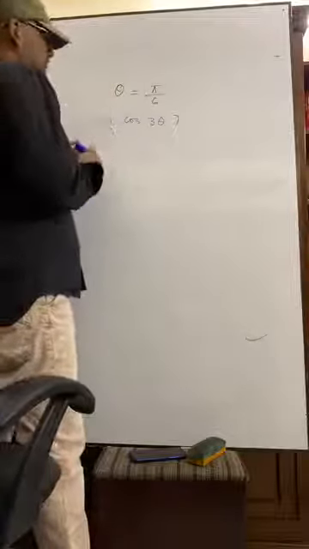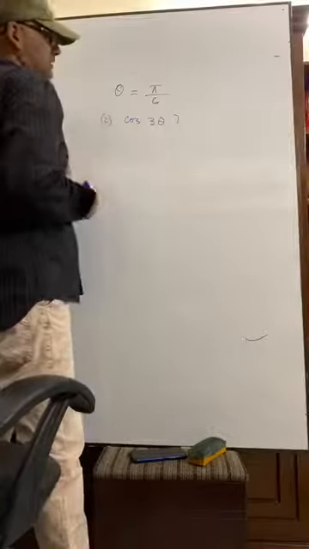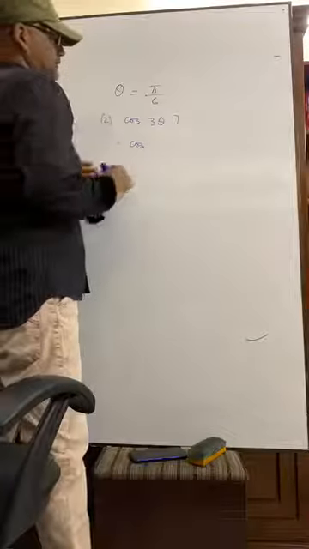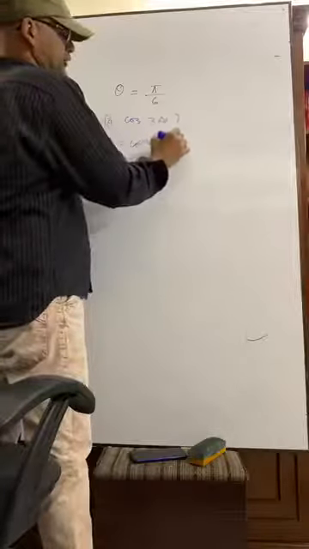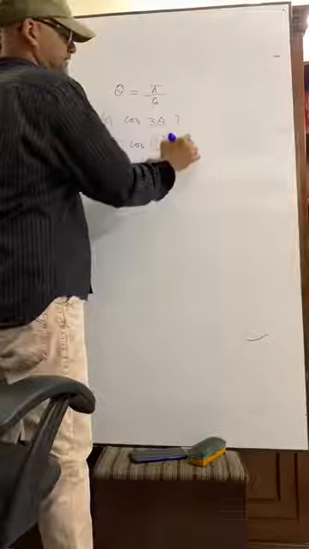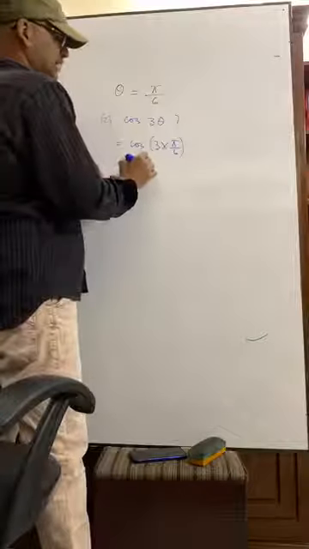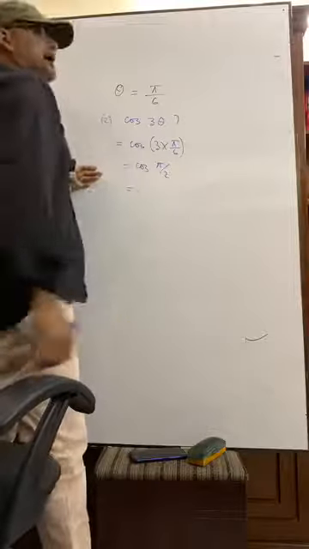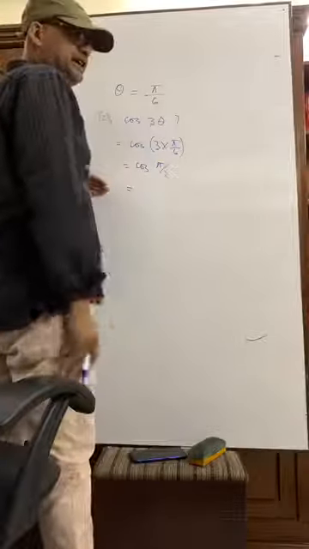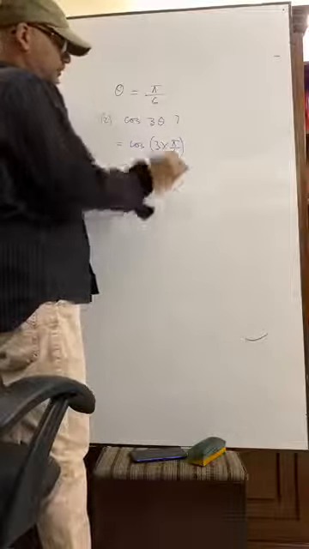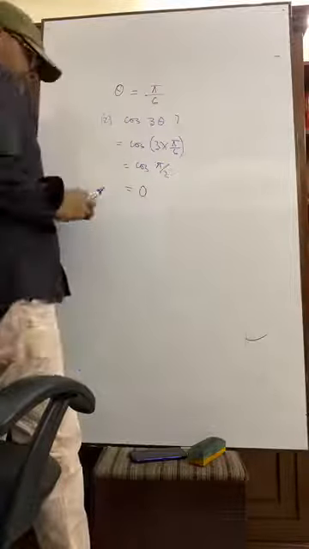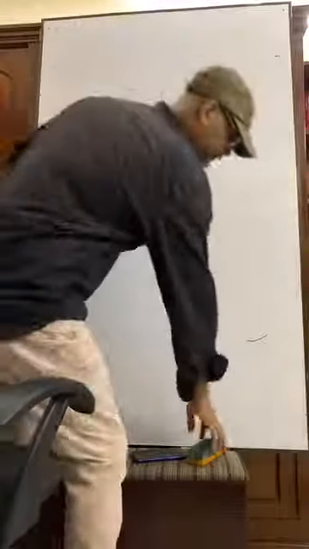We all know cos 3 theta equals cos 3 into pi by 6, that is cos pi by 2. Cos pi by 2 means cos 90 degree, that is 0.